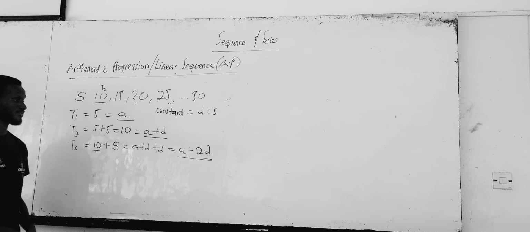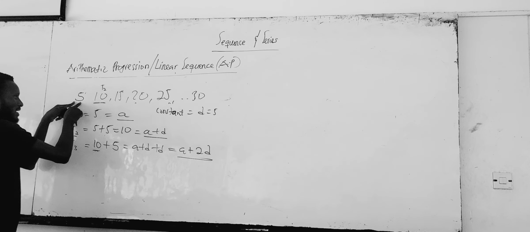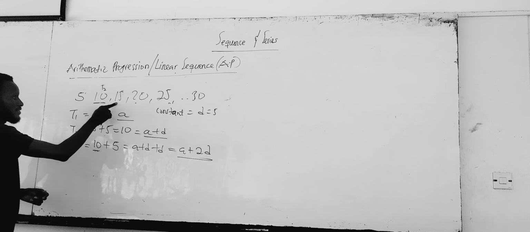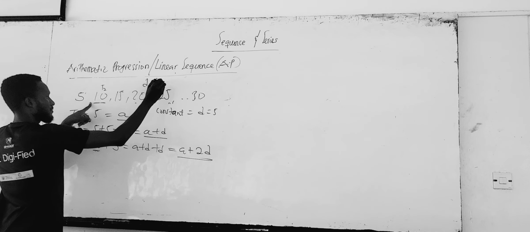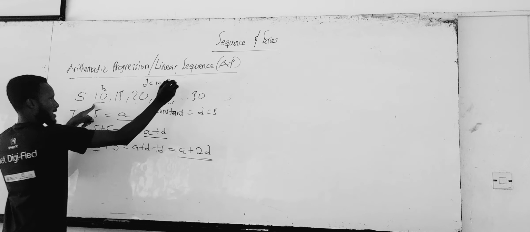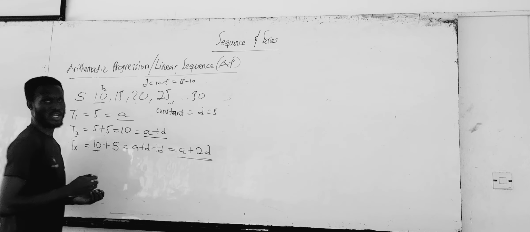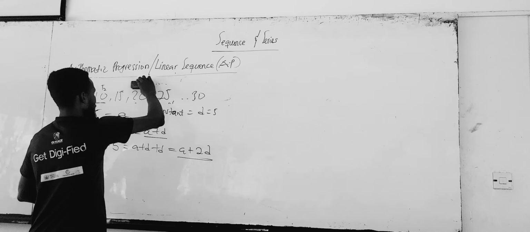Don't forget D is the common difference. To get the common difference, it was 10 minus 5, or 15 minus 10. I will talk about that. And that one is given as 5.